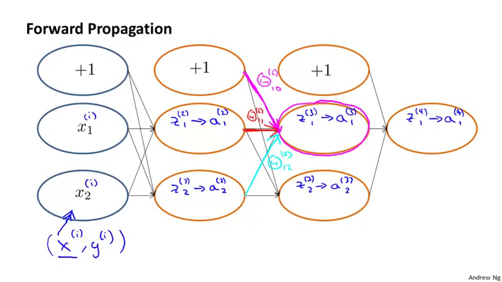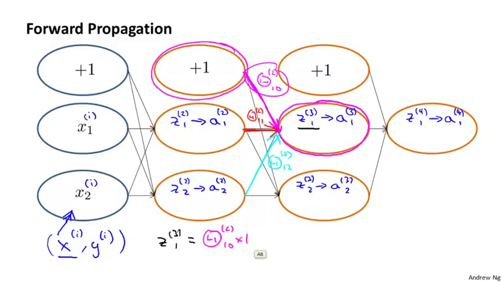So the way we compute this value Z31 is equal to this magenta weight times this value, so that's theta 210 times 1, plus this red weight times this value, so that's theta 211 times A21.